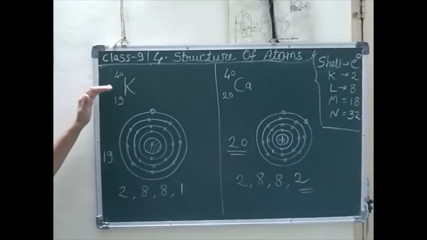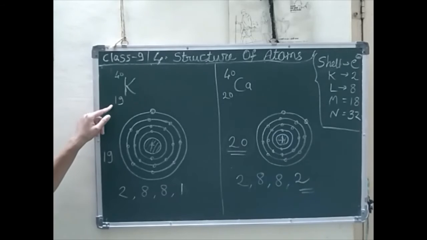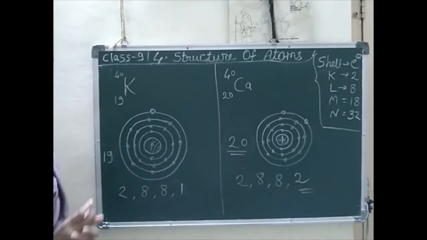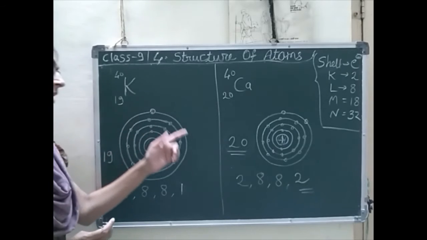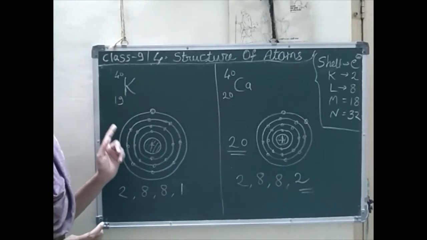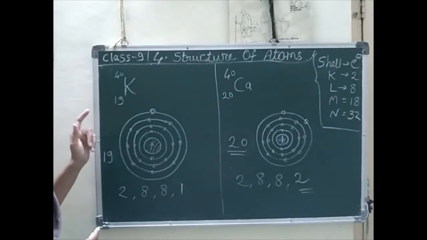Then after argon, potassium comes, having atomic number 19, and how we can distribute the electrons in the atomic orbits, energy levels, we will see here.